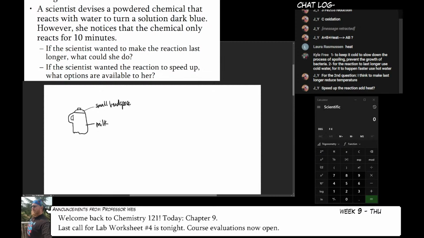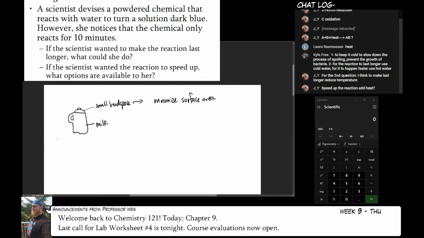That headspace is where the oxygen will be when you open the milk bottle. If we minimize the surface area, then we reduce the opportunity for the reaction to occur between oxygen and milk.